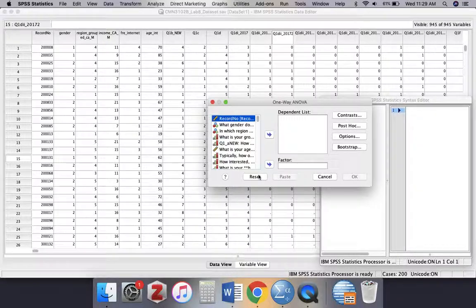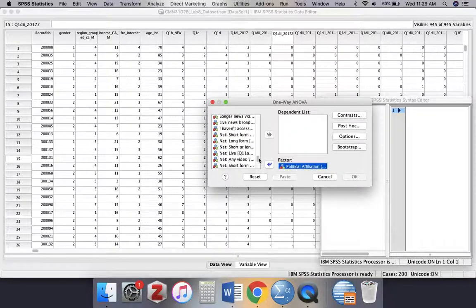So in the factor section here, we're going to want to put our categorical IV in there, which is political affiliation. Okay, and under this dependent list section is where the dependent variable goes at the continuous level. Okay, so total social media use across the week.